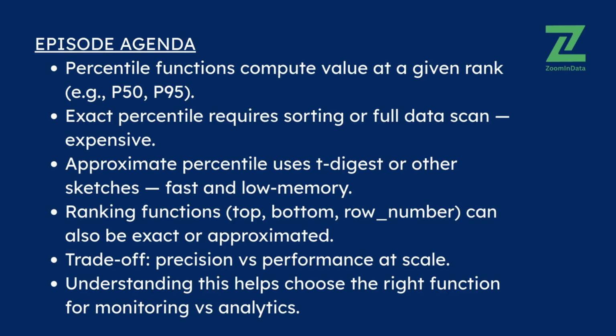Approximate percentile uses structures like tdigest or other sketches, fast and low memory. Ranking functions like top, bottom, row_number can also be exact or approximated in spirit. The core trade-off is precision versus performance at scale. Understanding this helps you choose the right function for monitoring versus deep analytics.